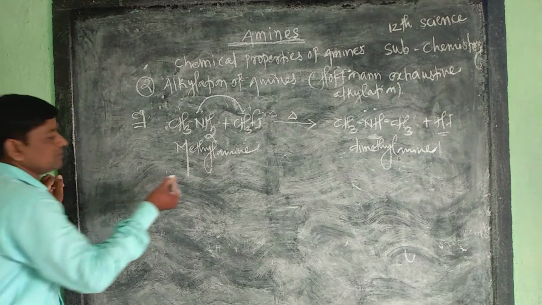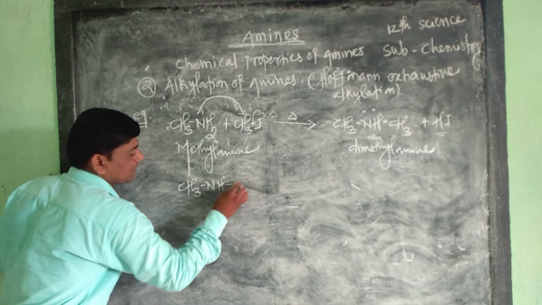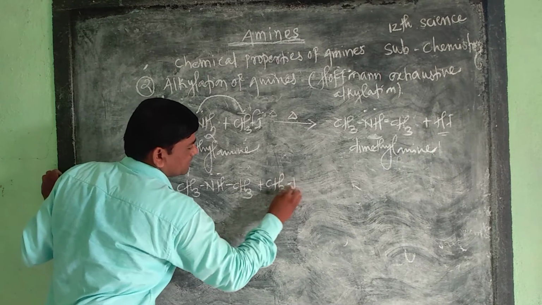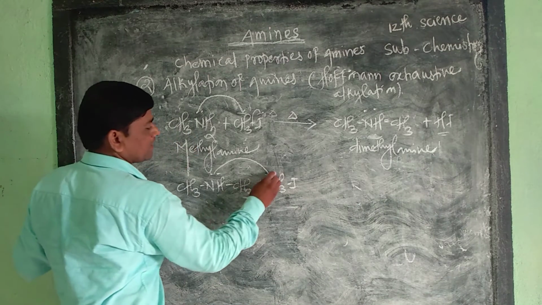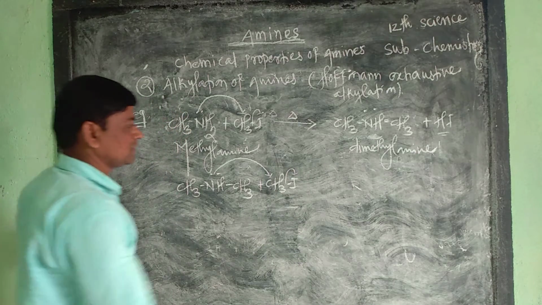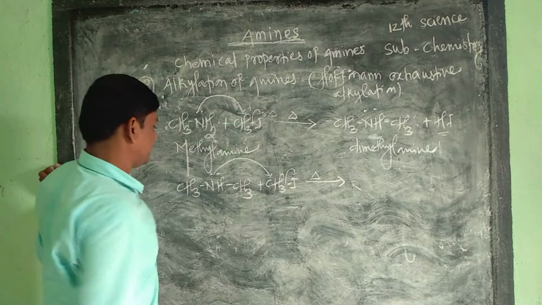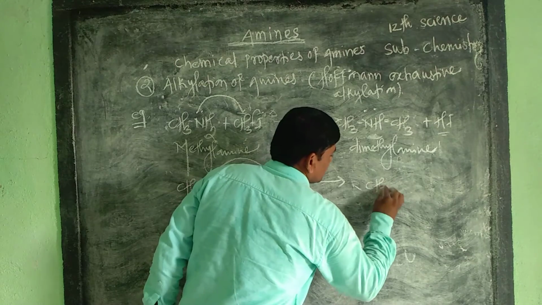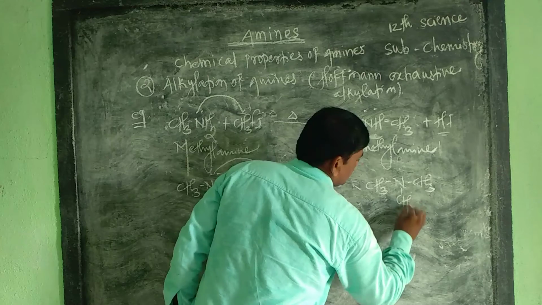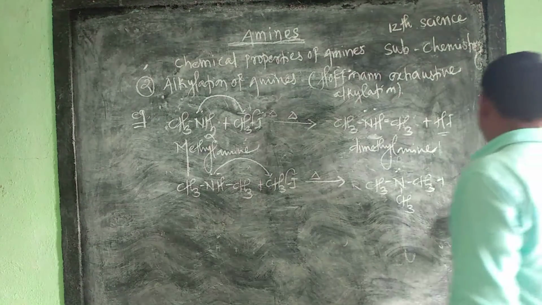Then next step, the secondary amine, the dimethylamine, is again reacted with methyl iodide. Then again it attacks on this methyl group. This electron is shifted towards the iodide because of the concept of electronegativity, which undergoes heating. Then again formation of the product like this, CH3 and again CH3, plus HI.